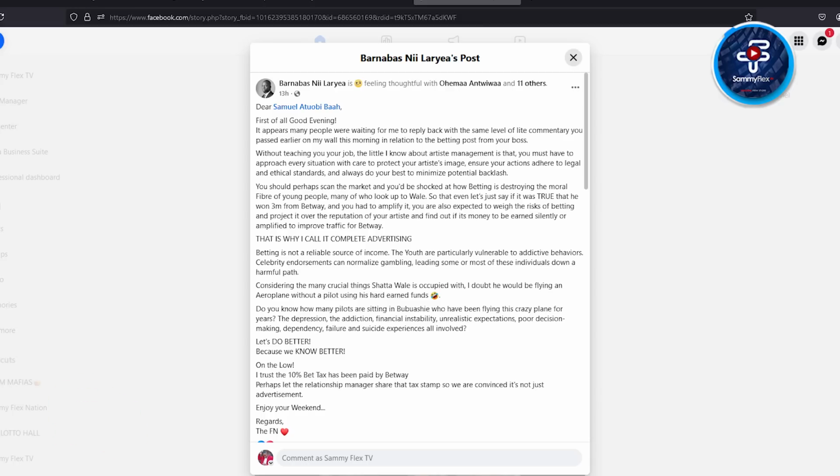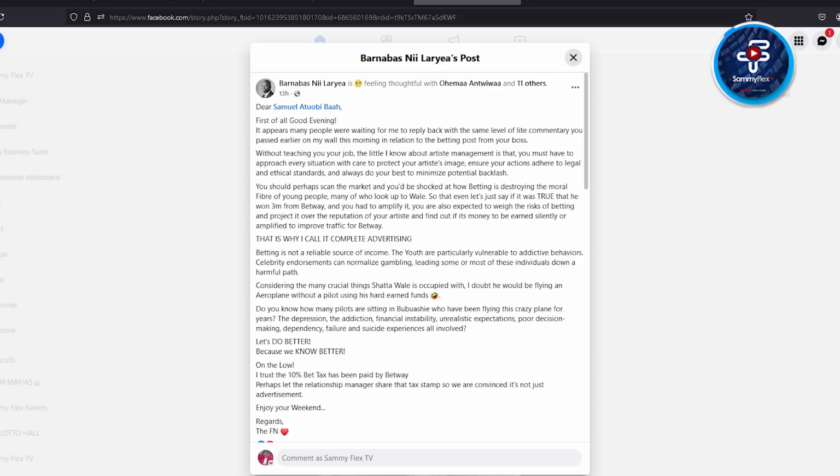Betting is not a reliable source of income. The youth are particularly vulnerable to addictive behaviors. Celebrity endorsements can normalize gambling, leading some or most of these individuals down a harmful path. Considering the many crucial things Shatta Wale is occupied with, I doubt he would be flying an aeroplane without a pilot using the hard-earned funds. So how many pilots are sitting in Bubuashi who have been flying this crazy plane for years?